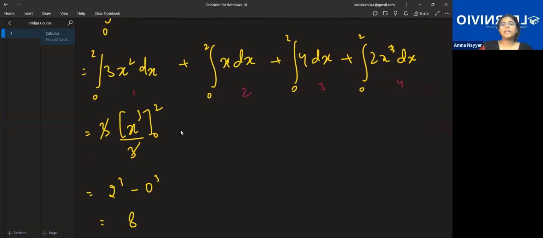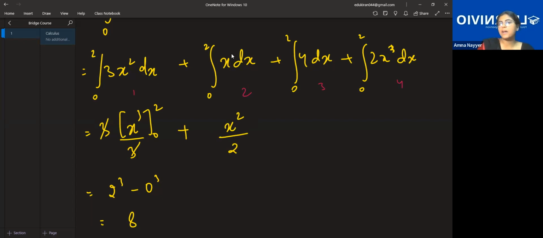Quickly tell me the second part, class, quickly. Rishita, your answer, second part. Mariam has answered. Rishit answered. See, x to the power 1 is there. It becomes 1 plus 1, 2, divided by 2.